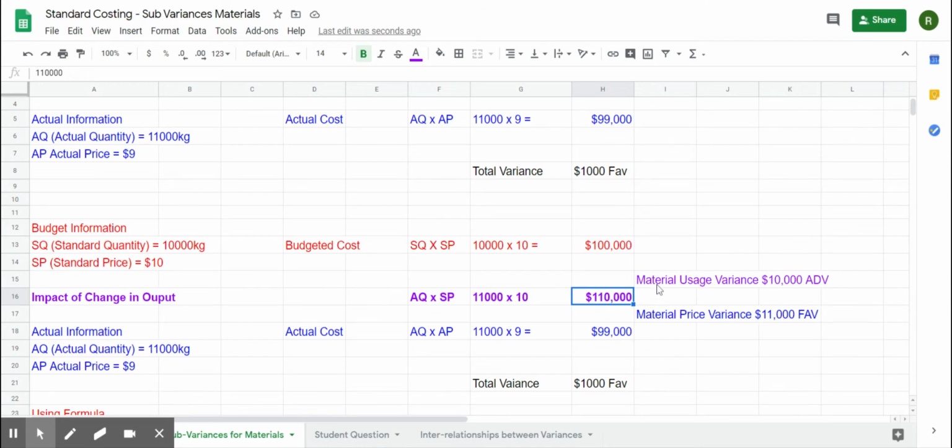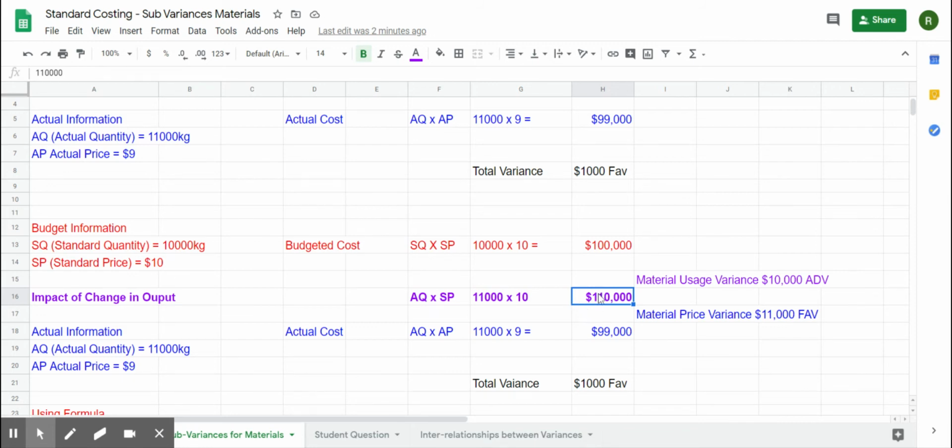And we say that that's an adverse material usage variance. Okay, the amount of this total of 1,000 of favourable variance that's due to the fact the production department have used significantly more raw materials than planned is 10,000, and it's adverse. So actual quantity times standard price gave me the 110,000.